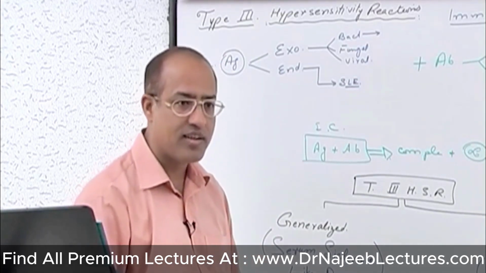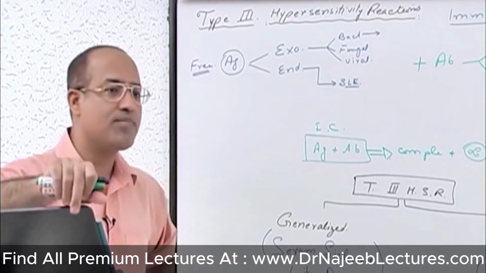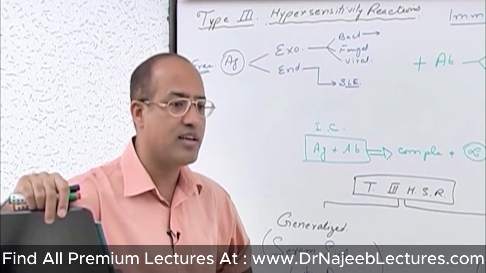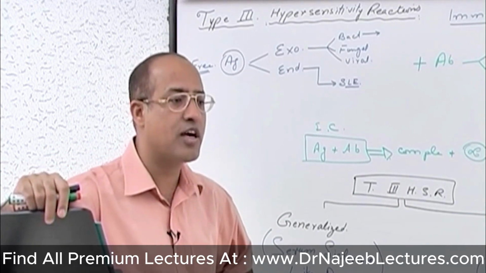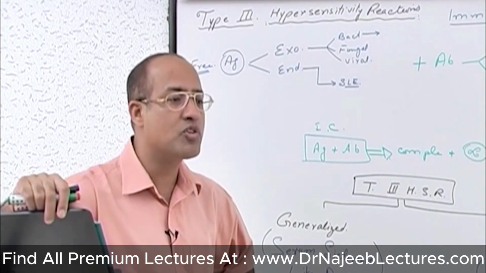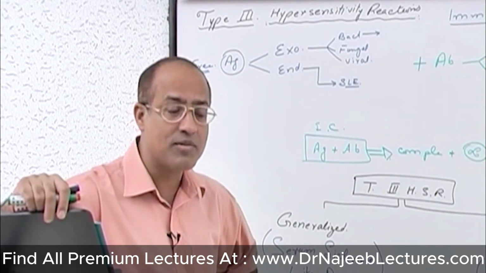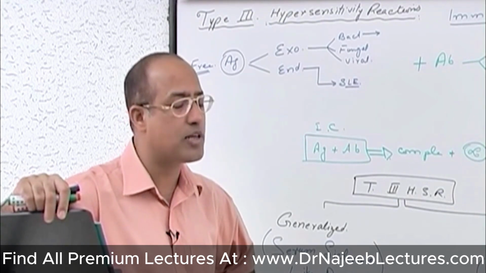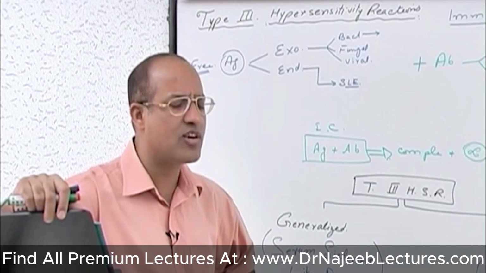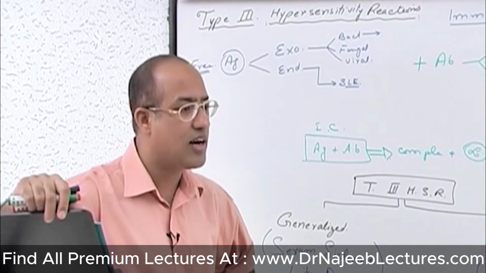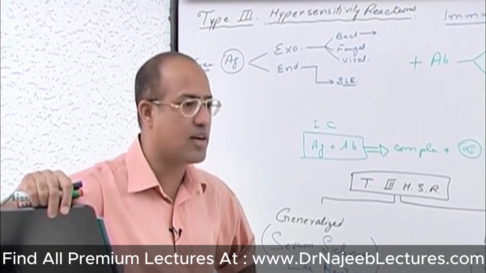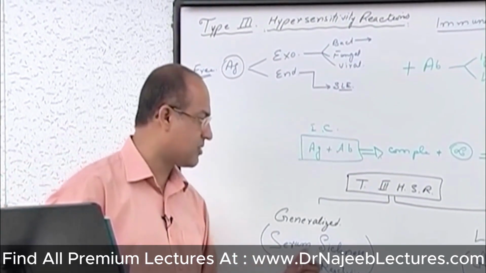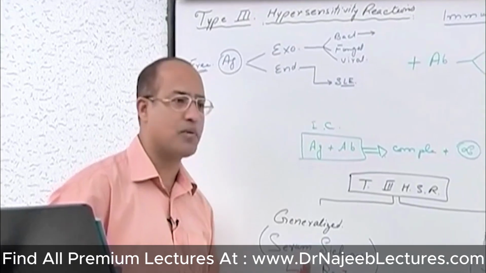So it's worth writing that in the modern era, we are using foreign serum less frequently. So serum sickness type reactions are no more mostly due to foreign serum. These days, serum sickness like reactions or type 3 hypersensitivity generalized reactions are due to drugs. But we'll take serum sickness disease as a prototype and talk about that.